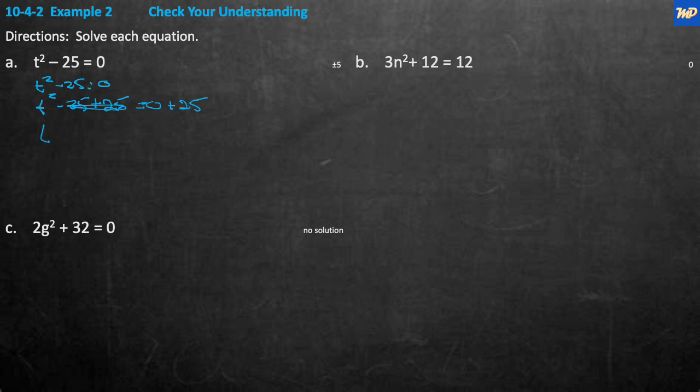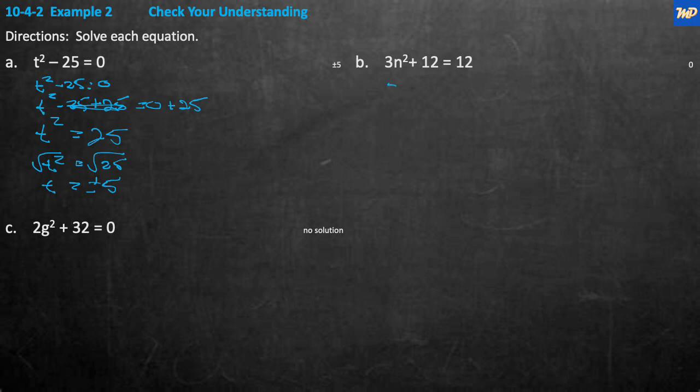We end up with t squared is equal to 25. Take the square root of both sides: the square root of t squared, the square root of 25. And we end up with t is equal to plus or minus 5, or you could have said plus or minus the square root of 25.